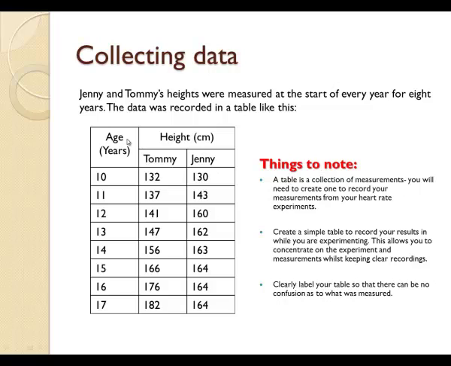In this column on the left, it is very clear that it is showing age because it states so at the top of the column, and it also states that the measurement is in years. When I look back at these recordings every year, there can be no confusion as to what I had measured previously.